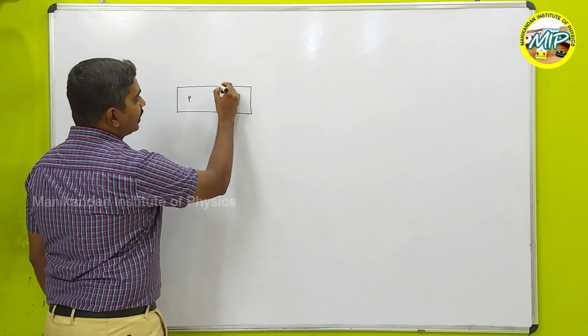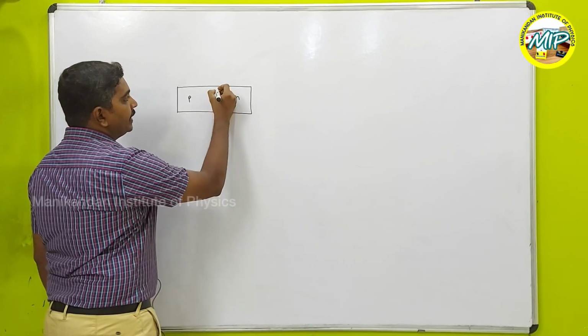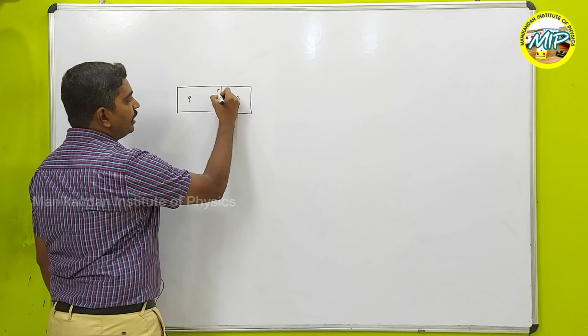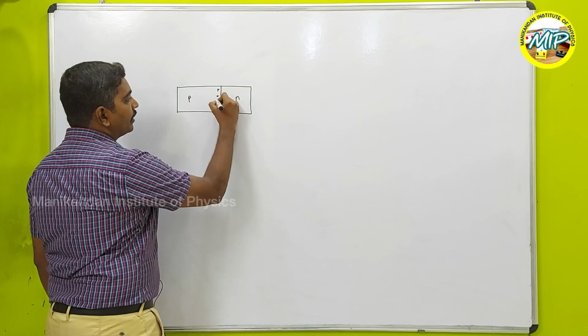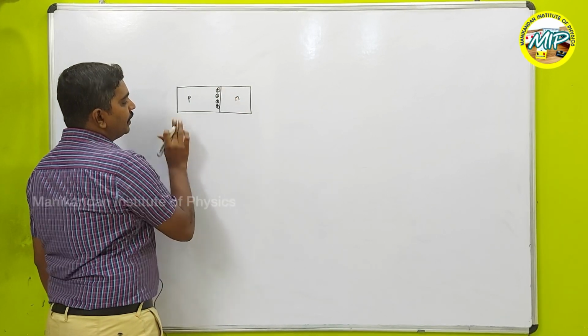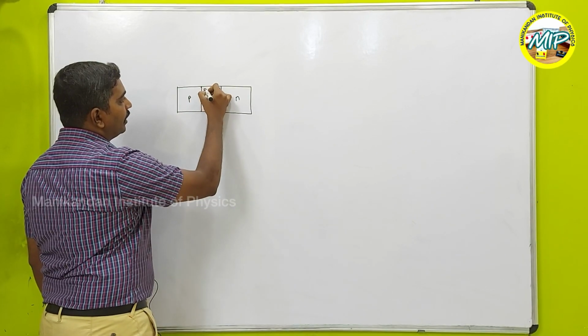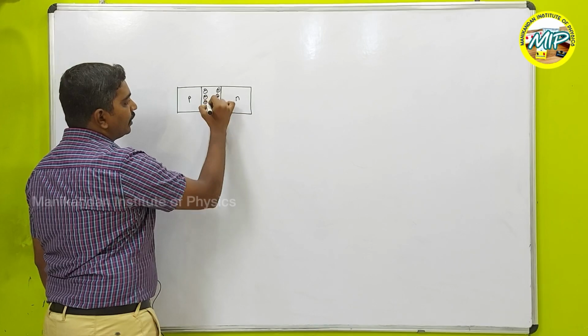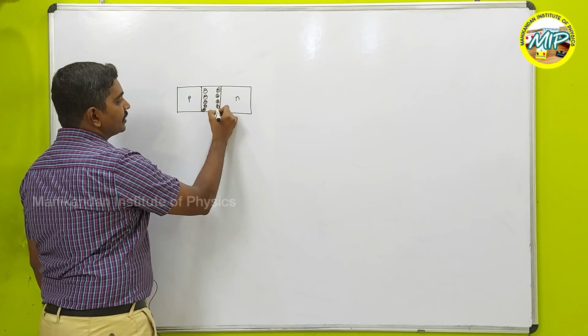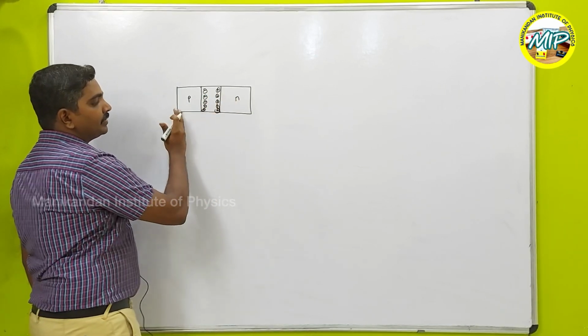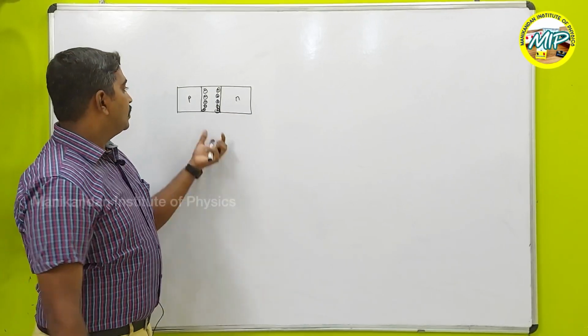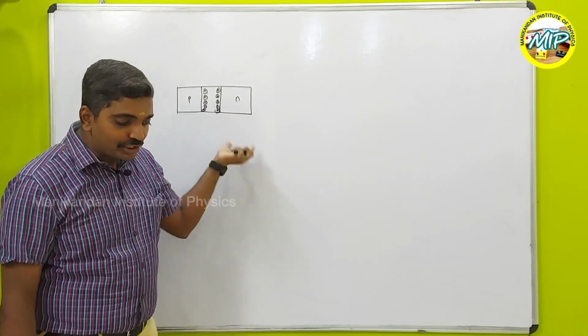Whenever an electron moves from n to p, it leaves a positive ion here. Whenever a hole moves from here to here, it leaves a negative ion near the surface of the n side and near the surface of the p side. So there will be a formation of the depletion region.